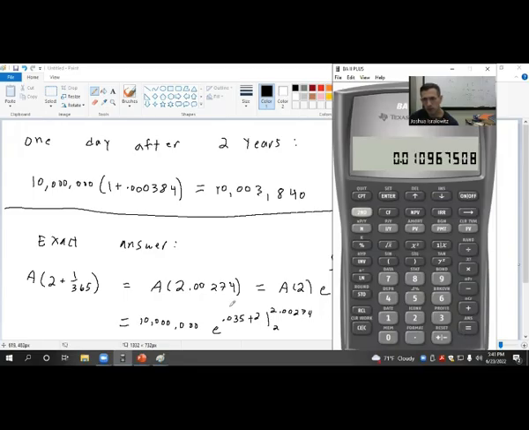It's 0.035 because the integral of 0.07t is 0.07t squared over 2, and 0.07 over 2 is 0.035. Now raise e to that, times 10 million.